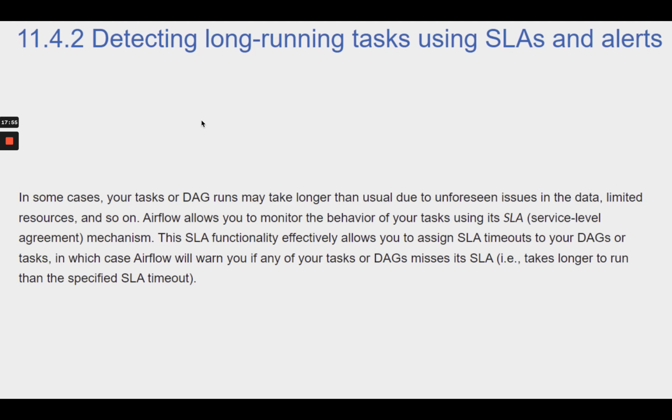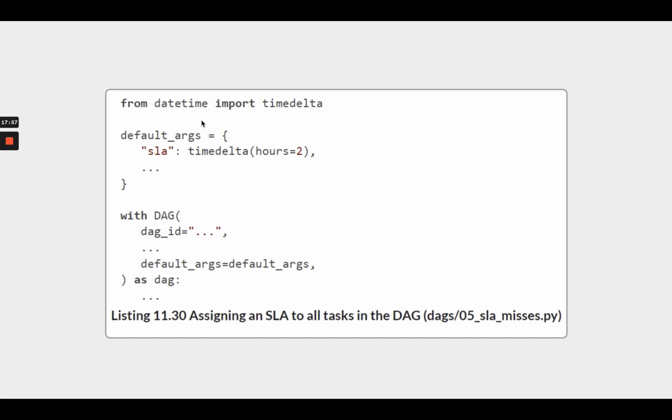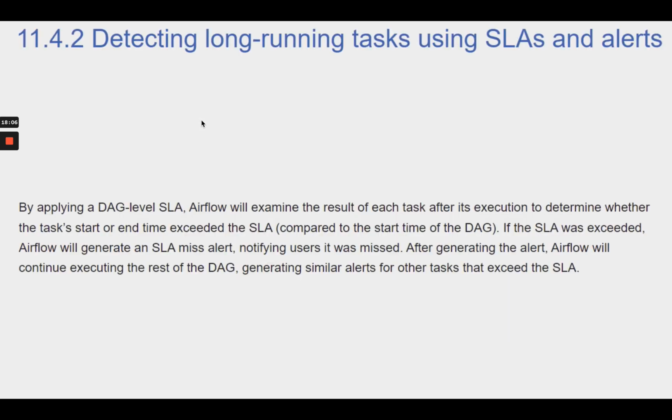At the DAG level, you can assign an SLA by passing the SLA argument to the default_args of the DAG. By applying a DAG level SLA, Airflow will examine the result of each task after its execution to determine whether the task's start or end time exceeded the SLA compared to the start time of the DAG.